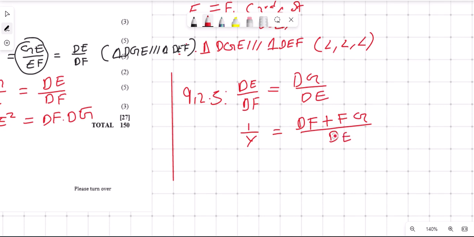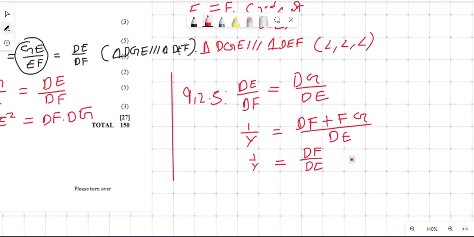So why are we trying to do this? We are trying to connect DF and DE. Do you see what we are trying to do here? So 1 over y can be written as DF over DE plus FG over DE.